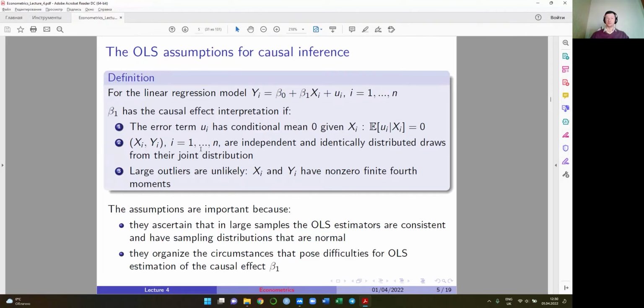And the second thing is that with the help of these assumptions, we can organize the circumstances when it's difficult for OLS estimates to show us the causal effects of B1. So that's what we will probably start doing in 2 weeks or in 2 lectures afterwards. We will try to come up with some situations when this linear model doesn't work.